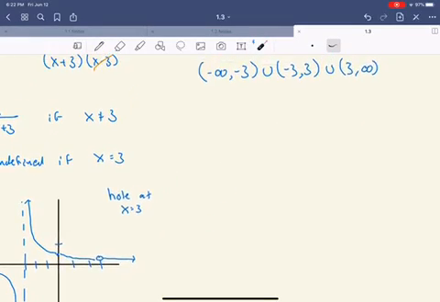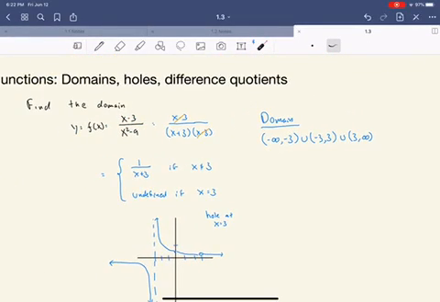Remember what these parentheses indicate. So this is all real numbers, but we've thrown out negative 3 and 3.